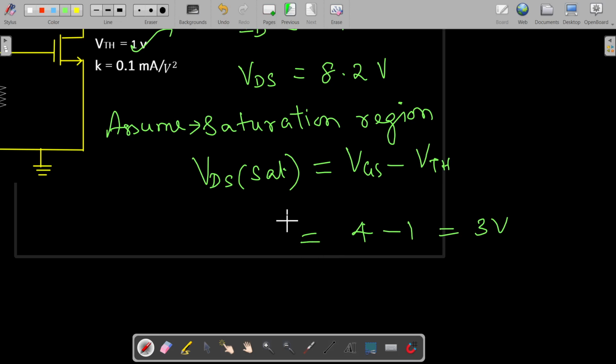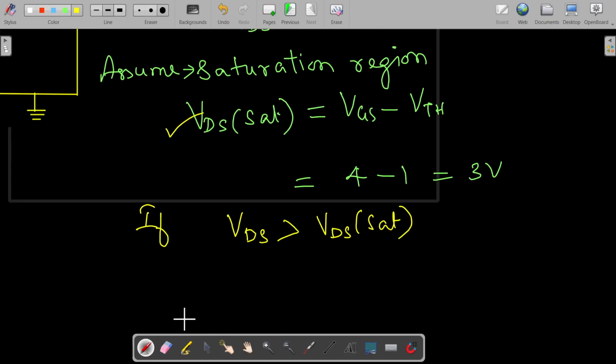Now we need to compare this VDS sat with the VDS. If VDS is greater than VDS sat, the assumption holds. VDS we have calculated as 8.2 volts, so definitely it is greater than the VDS sat value of 3 volts.